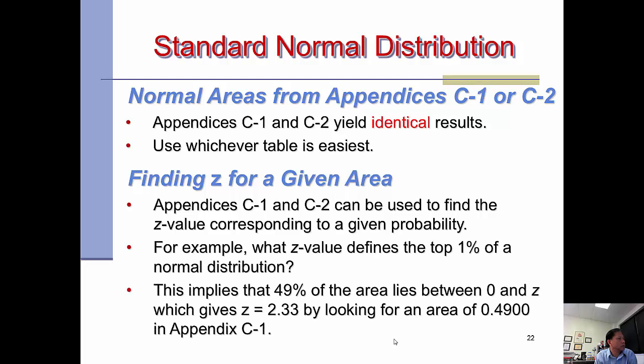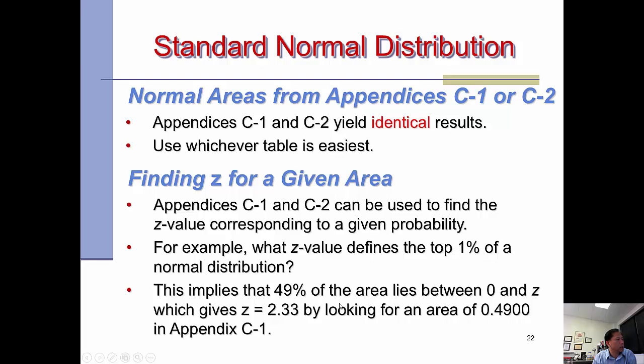And you can use C1 and C2 to find the probability for any given Z values. You can also find Z for a given area. For example, what Z value defines the top 1% of a normal distribution? Top 1% implies that 49% of the area lies between 0 and Z, right?